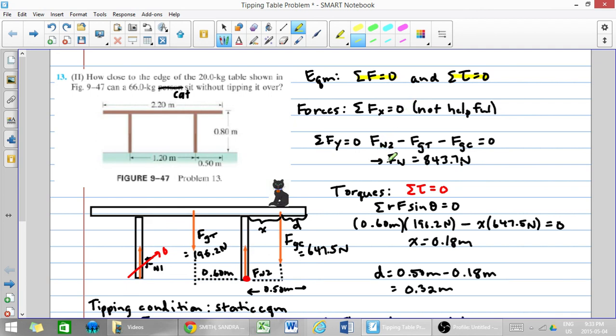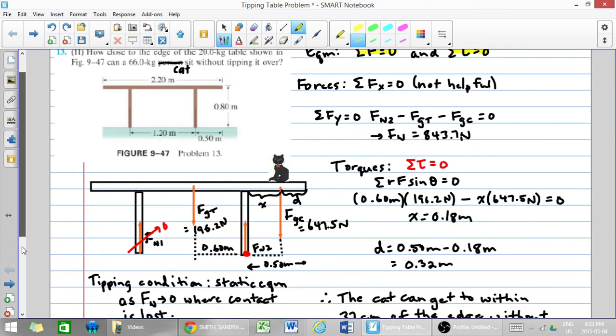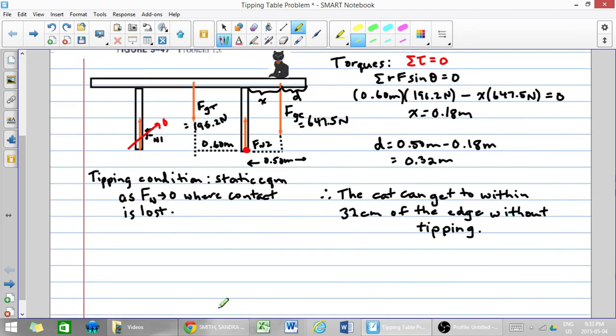The y component allowed us to solve for the normal force in the leg, which you may have noticed we didn't even need. After we chose that leg as the pivot point for the torques, we were able to solve for the distance to the cat without even needing to know the normal force. So there you go. Now you go try one.